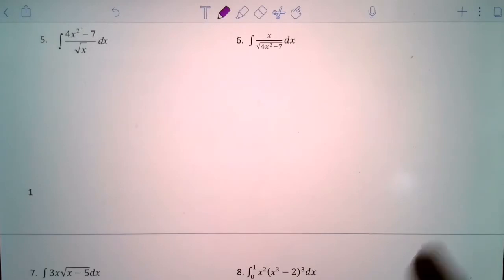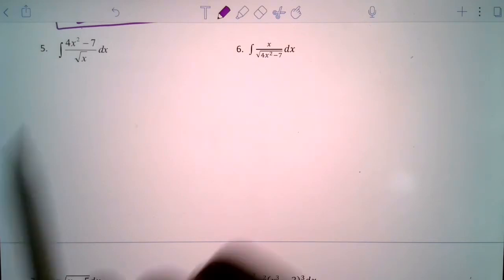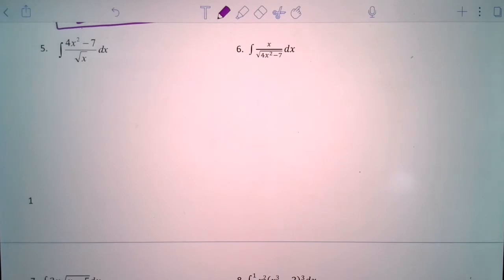Okay, so now we have two next examples here. You see the 4x squared minus 7, just kind of playing around with it a little bit. On question number 5, again, there's no quotient rule for integrals, but I can deal with this pretty quickly, actually, if I handle my good algebra skills.